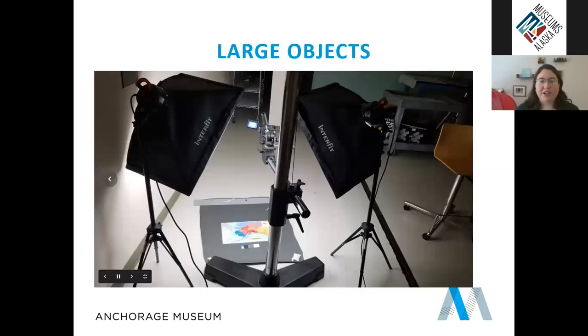And large objects, as we talked about, are tricky. In the past, I've seen setups from friends at other museums where they have to photograph giant planes and things like that, and they have a warehouse where they can do that, but I don't think most of us have that.